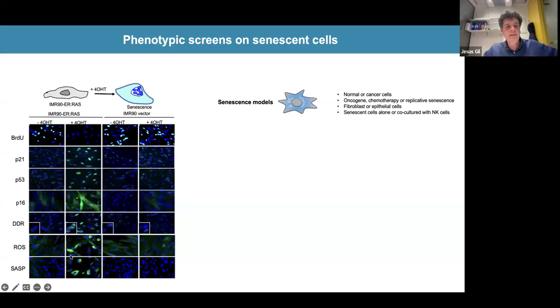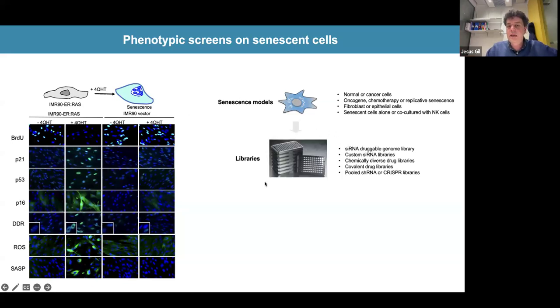In this case, this is the intracellular expression of IL-6 that is being produced to be secreted. And with these models of senescence, we will combine them with libraries, being either genetic or drug libraries, where we can basically interrogate genes or drugs that are going to interfere with senescence phenotypes.